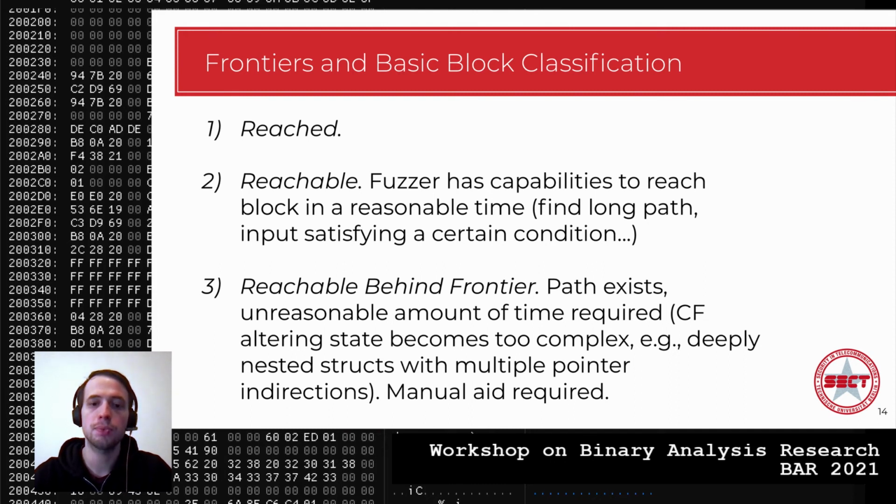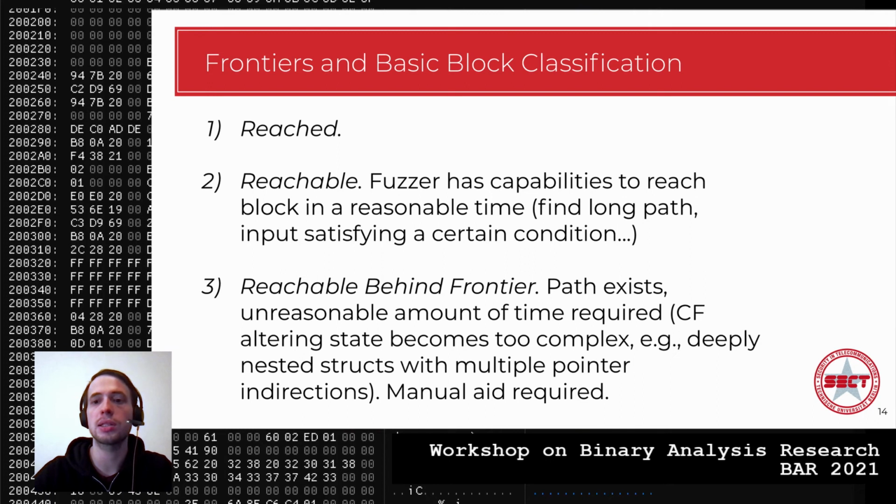These are paths that are reachable in theory, but it would take an unreasonable amount of time. For example, if it would be a hash function that the fuzzer would have to solve, a password or something, and it currently doesn't have the ability to do so.